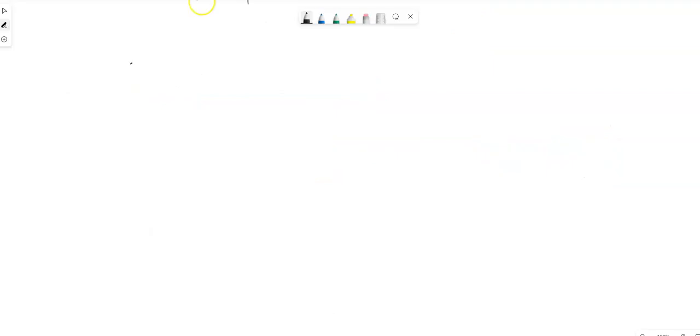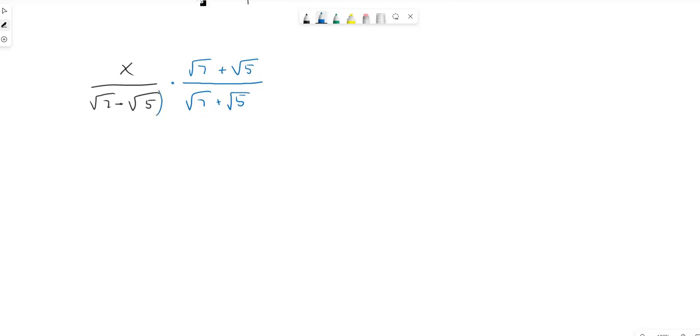What we're going to do is reach back to that difference of squares pattern we saw before. Remember when we multiplied by that difference of squares pattern, we got rid of the radicals completely. The difference of squares pattern would say multiply top and bottom by square root of 7 plus square root of 5. And we have a name for that. We call that the conjugate. The conjugate of radical 7 minus radical 5 is radical 7 plus radical 5.